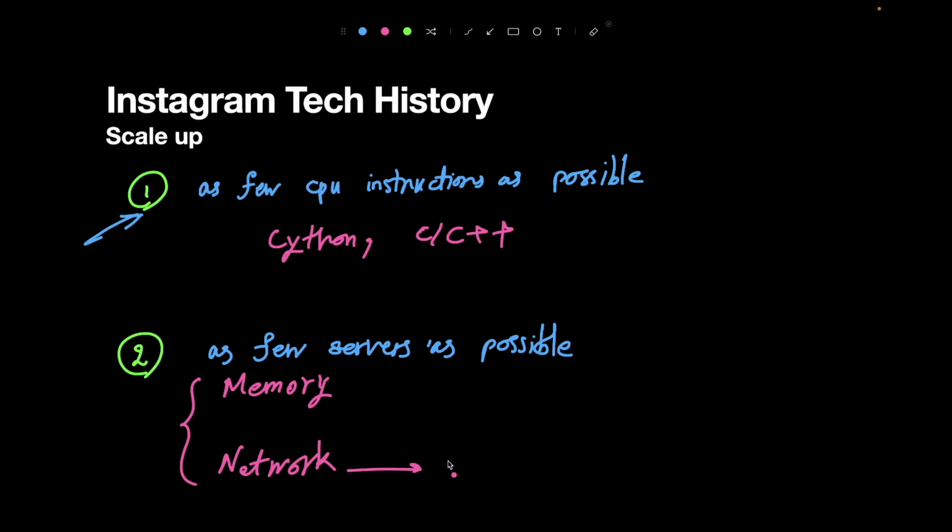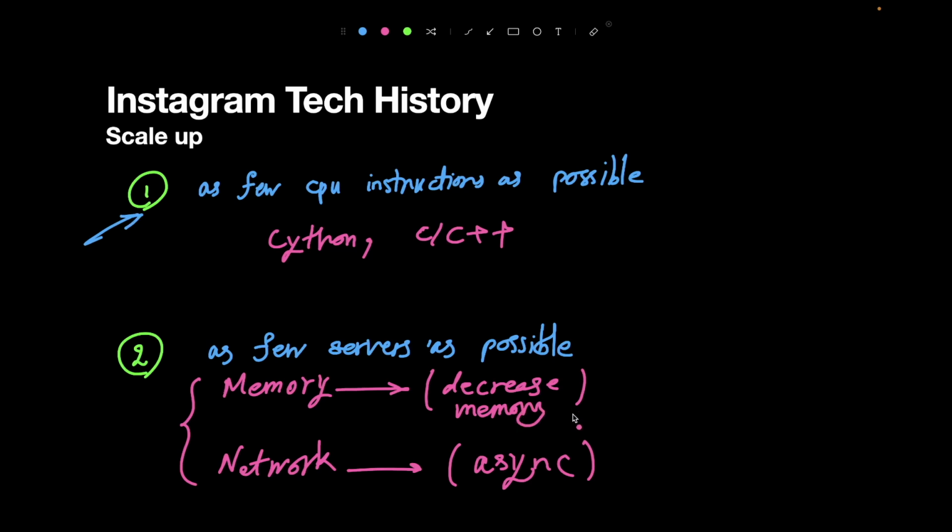So in this category, we should use the async capability of Django, and in the first category we should decrease the memory usage of each process in order to be able to run multiple different processes in parallel.